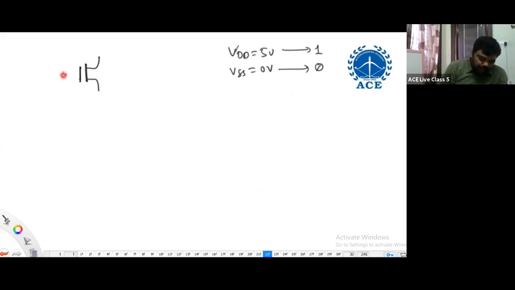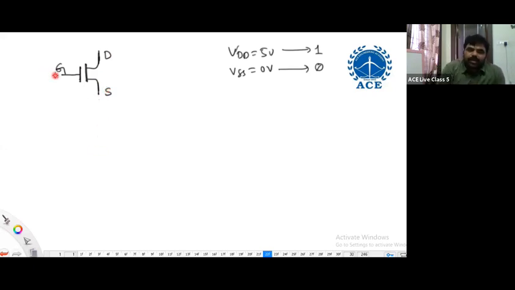So here we have a MOSFET. If you are interested, I will take it, not to waste your time. Not a problem, right? Gate, drain, and source. Here the source is at lower potential.